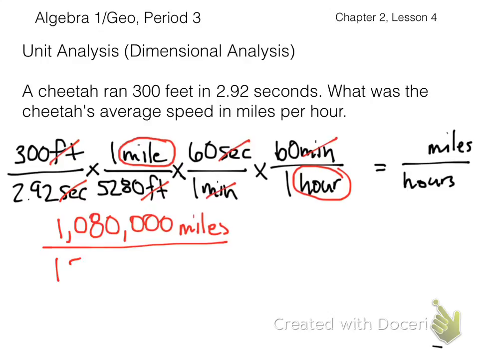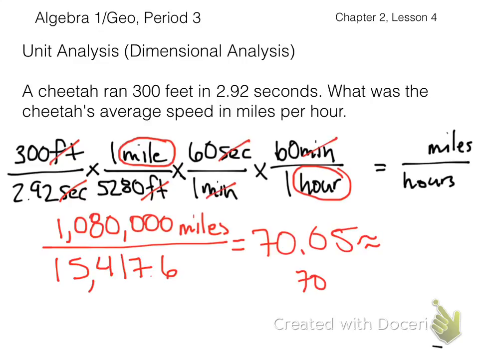So that's 15,417.6. So now I'm going to go ahead and do that division. And remember, you can go ahead and use a calculator. I just did, and that's going to give you 70.05, which is approximately 70 miles per hour.